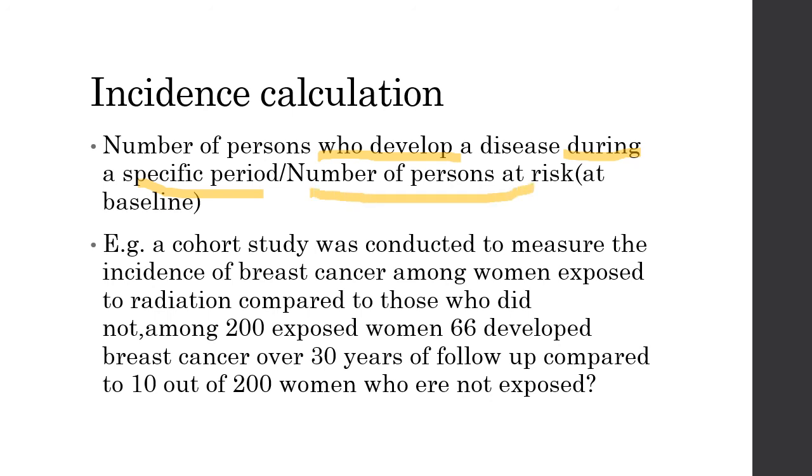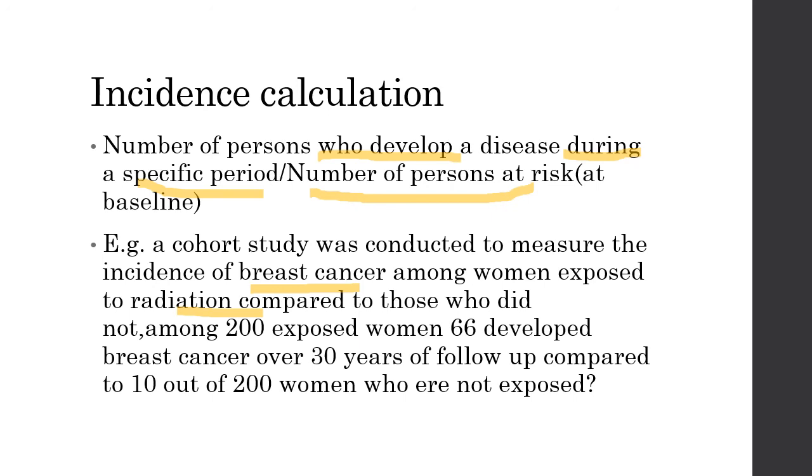For example, here you did a cohort study to measure the incidence of breast cancer among women exposed to radiation compared to those who were not exposed to radiation. So the exposure status is women with radiation compared to women without radiation.